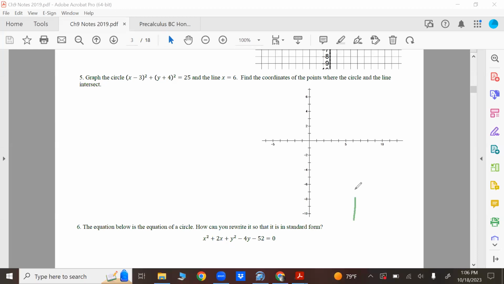Okay. Three comma -4. And the radius is 5.